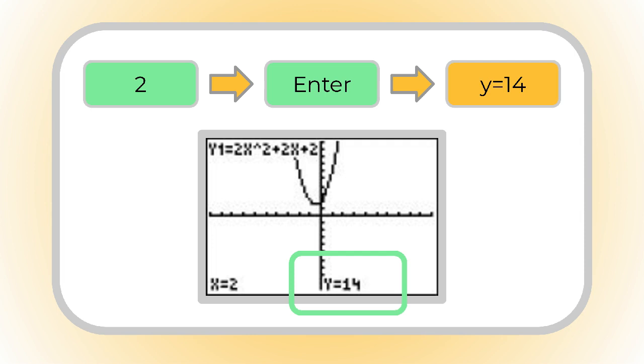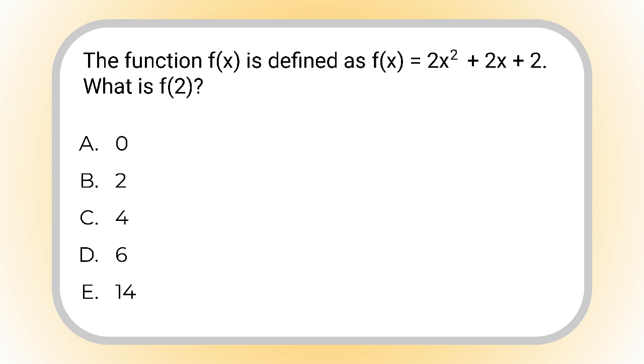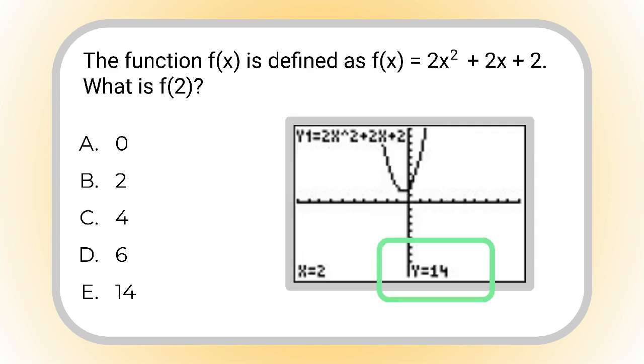So this is exactly what we're looking for here. Y equals 14 is the answer to this question, right? Because the function f of x is defined as 2x squared plus 2x plus 2. What is f of 2? We said, well, f of 2 is the same as saying what is f of x when x is equal to 2.